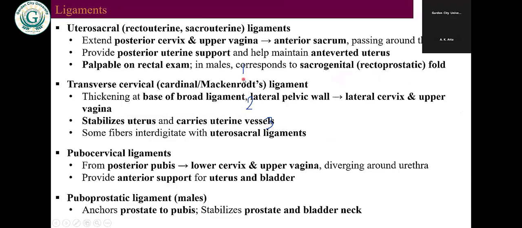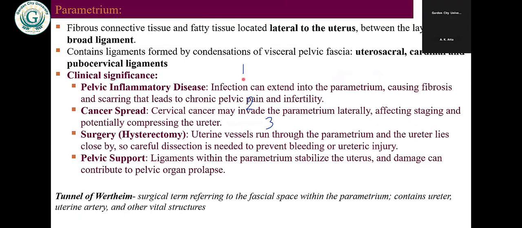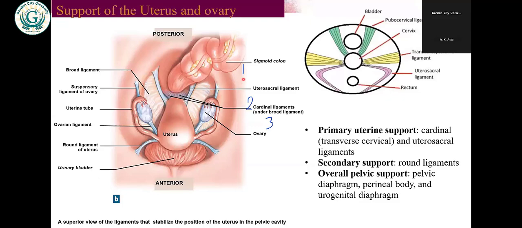So they are from the lateral pelvic wall to the lateral cervix and upper vagina. Then in front, there is connection to the pubic bone, the pubocervical ligament. Then also to the back, we have the uterosacral ligament.